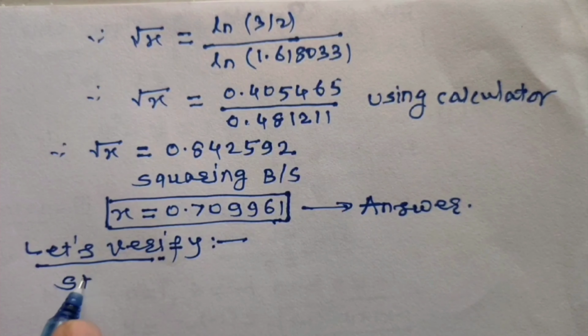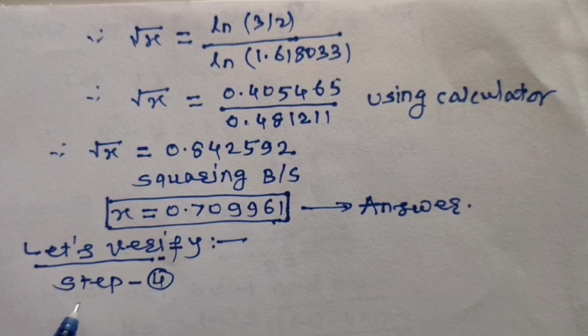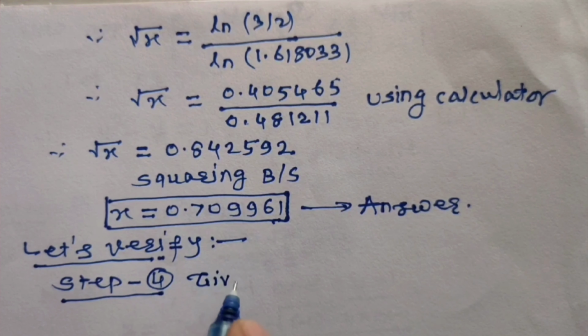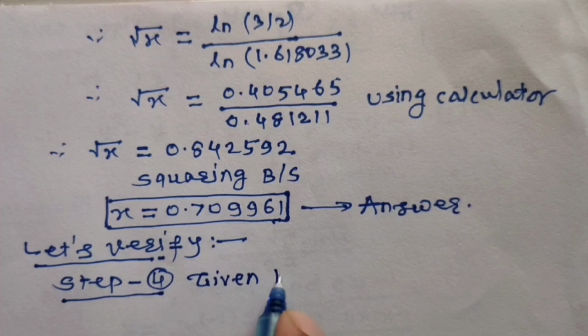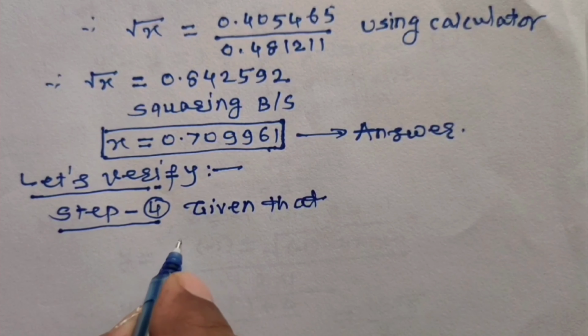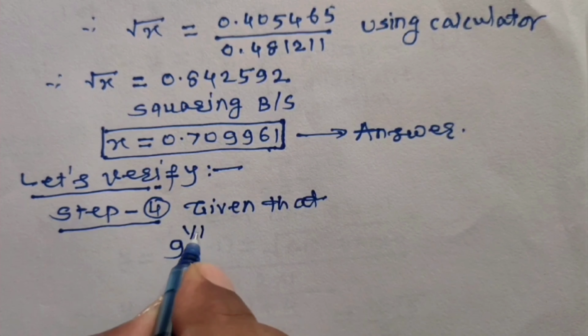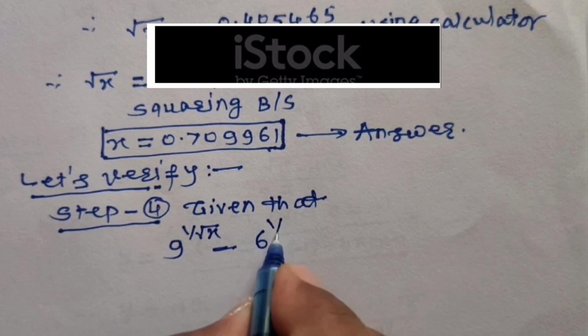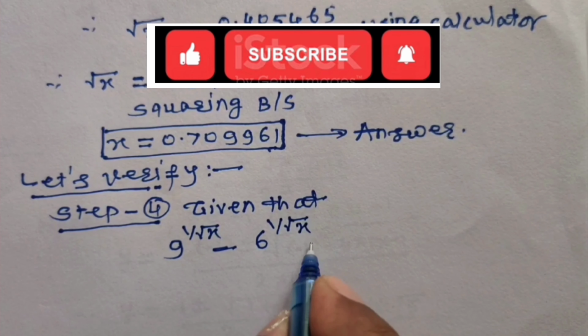That is nothing but the root of the given exponential equation, which is the value of x which satisfies the given equation. But this answer may be correct or may be wrong. That we have to justify. So let us verify in step number 4.